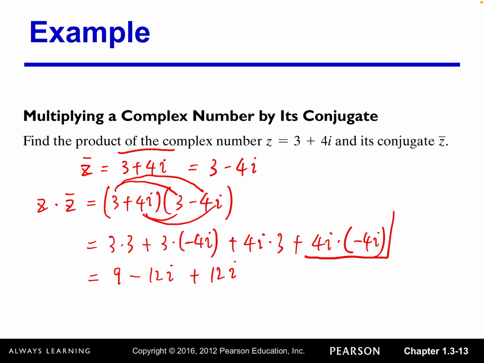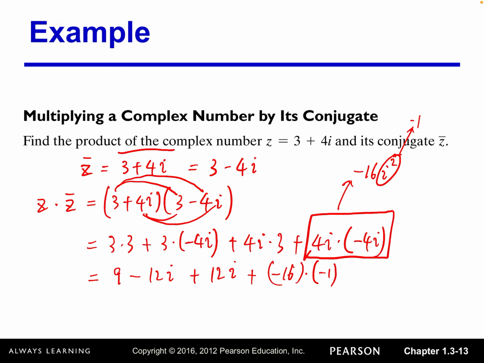And then the last term, be careful. What is the last term? 4 times negative 4 is negative 16, right? i times i is i squared. Remember, i squared equals negative 1 by definition. So here we're doing negative 16, that's 4 times negative 4, multiplied by i squared, which is negative 1.